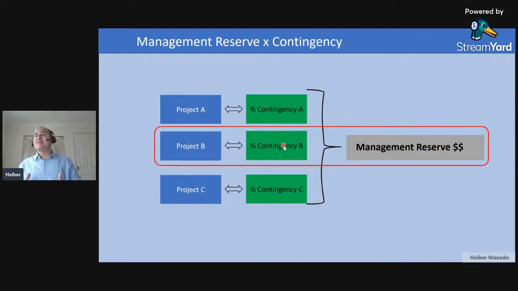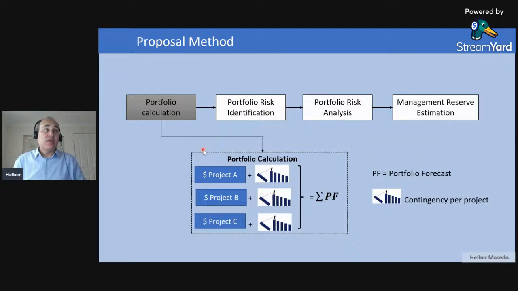So in this case, I will have a process to ask the organization, can you release part of the management reserve to project B to ensure that I'll be able to execute my project?